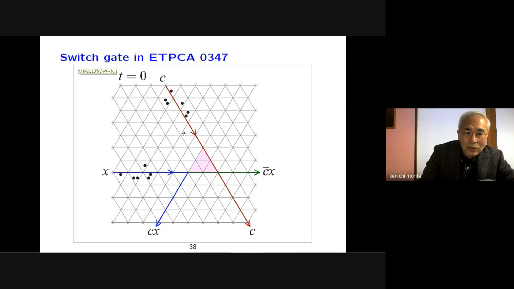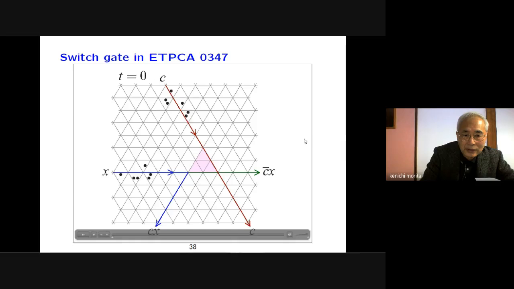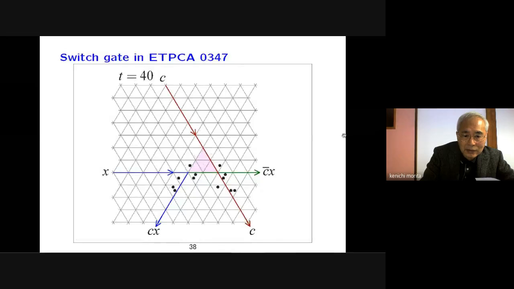Of course, if only one signal of, for example, C exists, then it goes straight ahead. X goes straight ahead. Okay, but if both C and X exist, then X is reflected in this way. Therefore, some switching function is realized. Like this, okay?